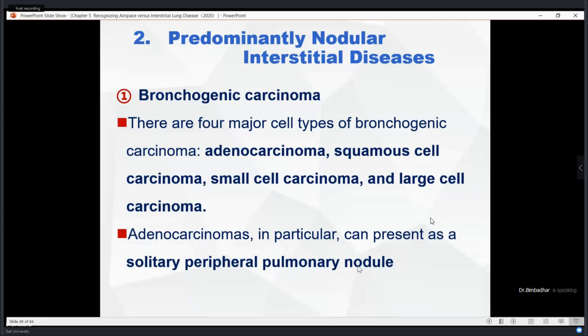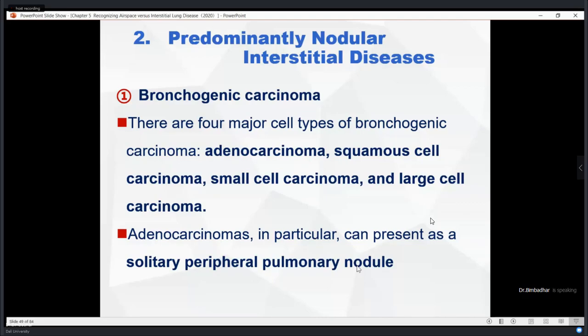So, a solitary pulmonary nodule generally indicates what kind of disease? It is an adenocarcinoma. Before, a person was asking, can we differentiate between a Ghon focus and a pulmonary nodule? Unless proved otherwise, a solitary pulmonary nodule generally indicates cancerous tissue.